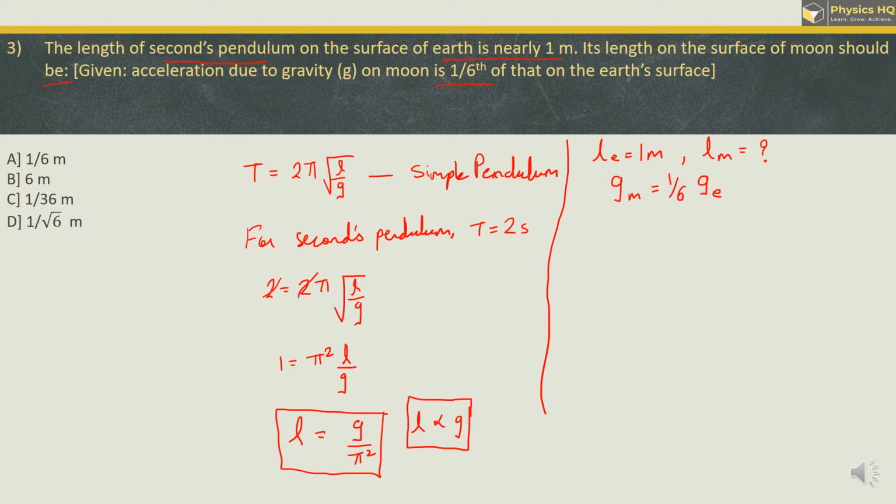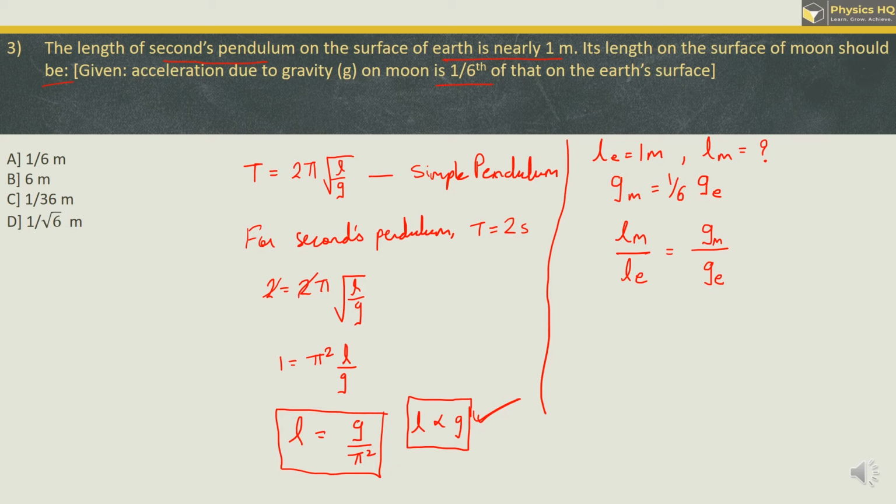So we will use this relation to find it. Let us say length of pendulum on Moon divided by length of pendulum on Earth will be equal to, since they are directly proportional, acceleration due to gravity on Moon over acceleration due to gravity on Earth.